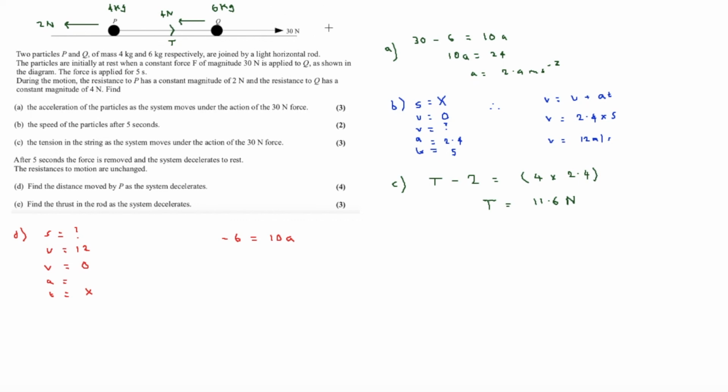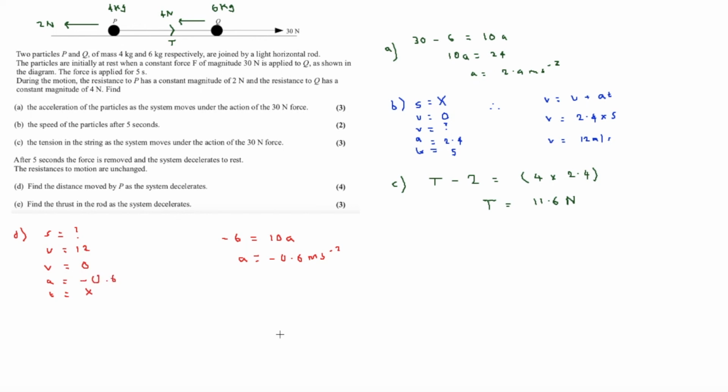This 30 newton has been taken away because it says that after 5 seconds the force is removed, but we still have those resistant forces there. So we have minus 6 going back, and then it's going to be 10, because 10 is the mass of both of them, so 4 plus 6, times by acceleration. So therefore A is going to be equal to minus 0.6 meters per second squared.